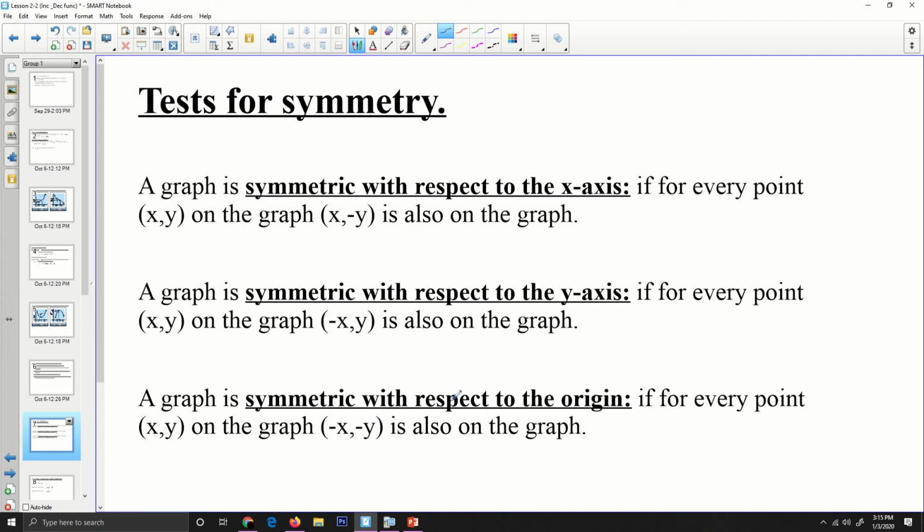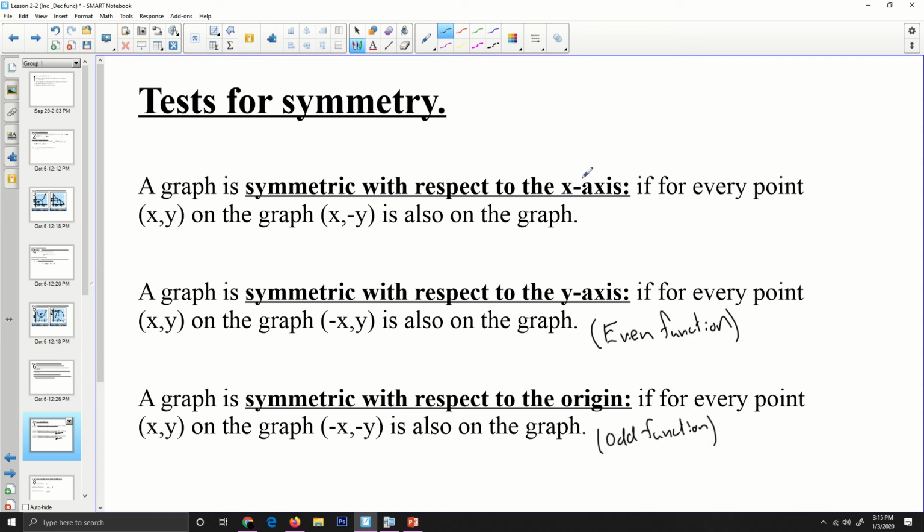Now, these are important because if you have symmetry to the y-axis, it is another term for an even function. And if you have origin symmetry, or symmetry with respect to the origin, it is an odd function.